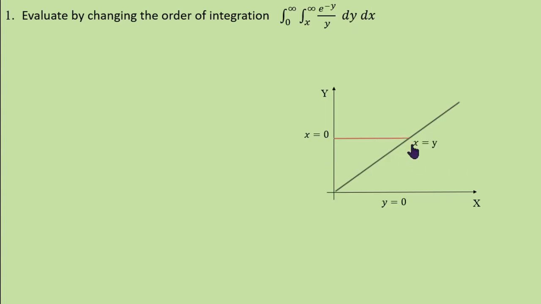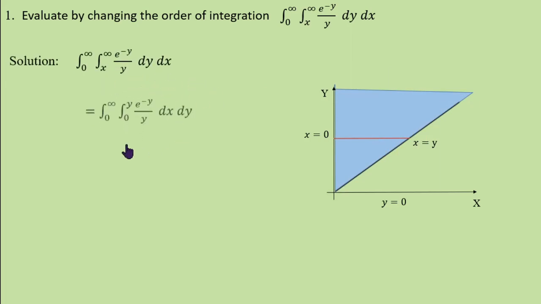That means for any y, x varies from 0 to y, so it covers this area. Therefore, the limits after changing the order become: y varies from 0 to infinity, and for any y, x varies from 0 to y.